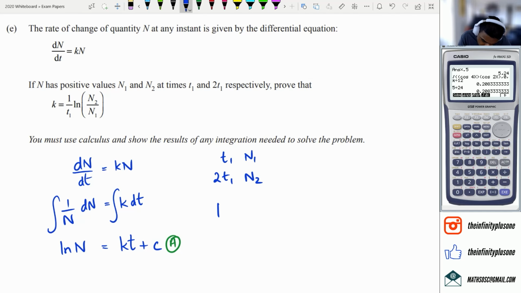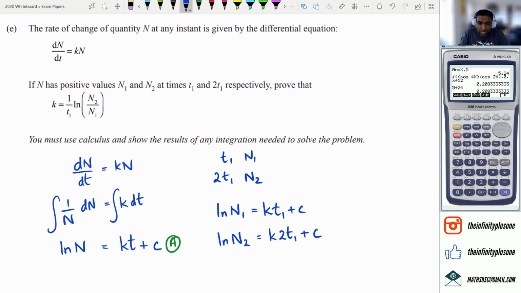Our first equation is ln of n1 equals k t1 plus c, and our second equation is ln of n2 equals k times 2t1 plus c. So what we've really set up is a couple of simultaneous equations.